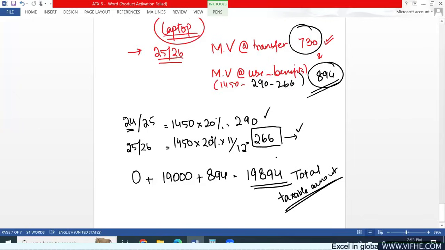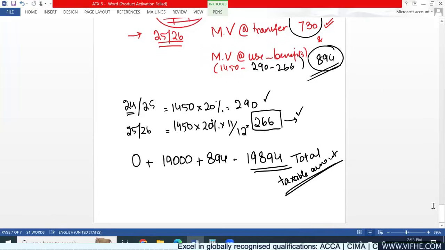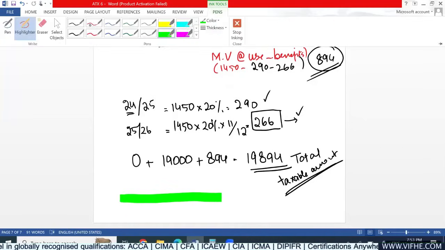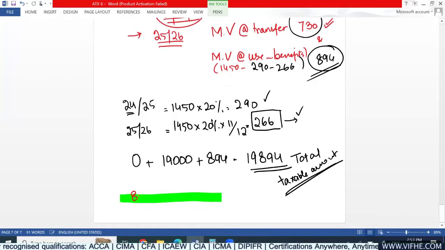But this is going to have an impact on one thing. Can you identify this thing? See, she is already having 85,000 pounds, so she's already a higher rate taxpayer.